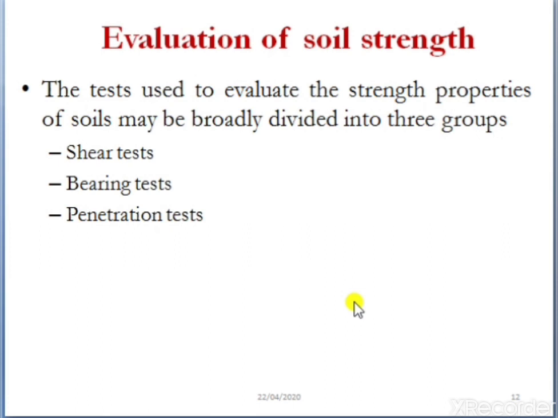The most common penetration tests conducted to know the strength of soil used in the construction of highways are the CBR test and cone penetration test. These two tests are commonly used to evaluate the penetration strength of a soil.